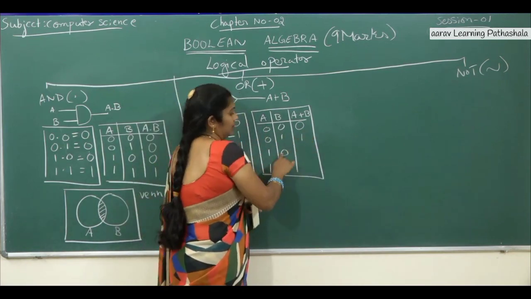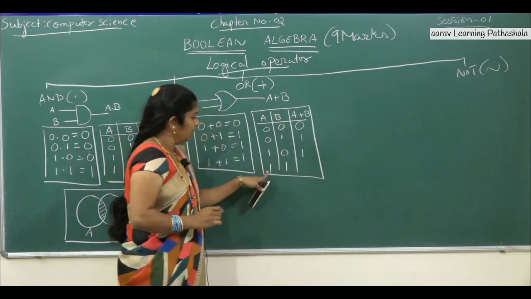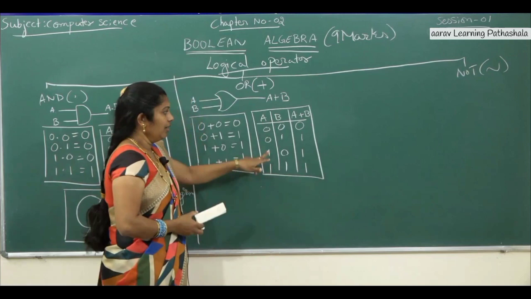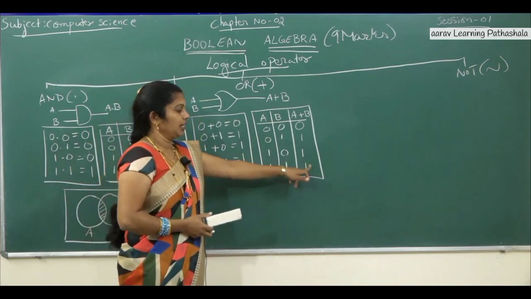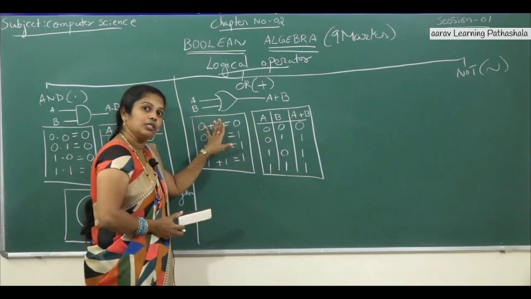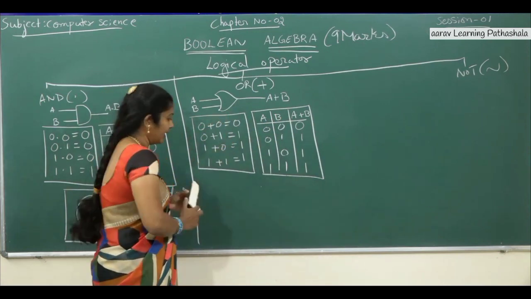Here also 1 plus 0, the output becomes 1. Here 1 plus 1, the output becomes 1. If any one of the inputs is true, the output becomes true. This is the truth table, with the possible values in this operation.